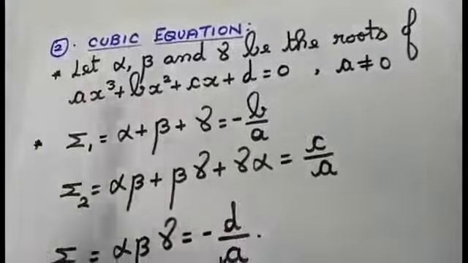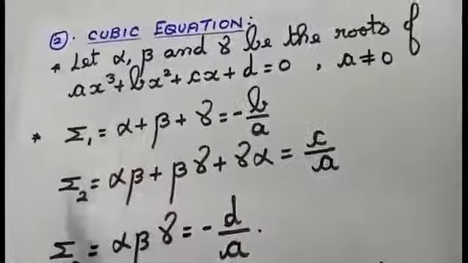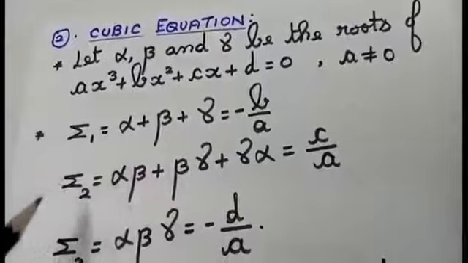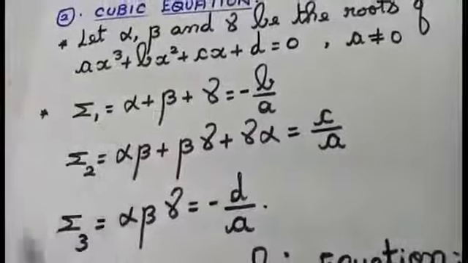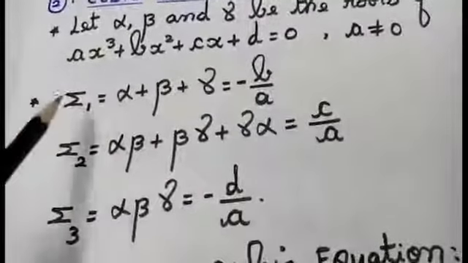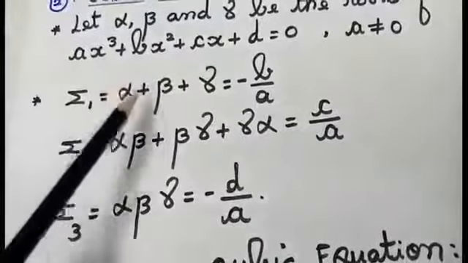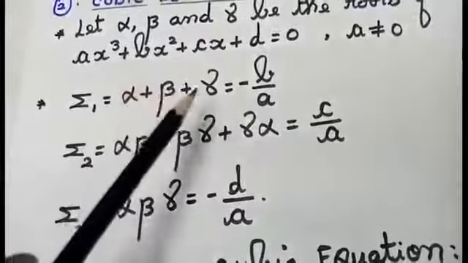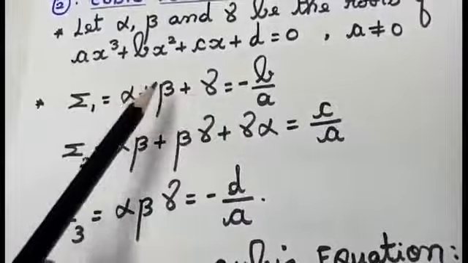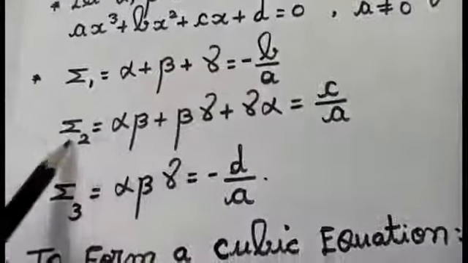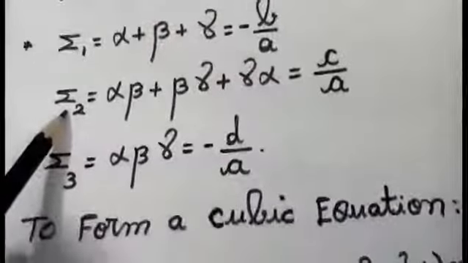Since I am having three roots, I am going to have three concepts, and this is going to be somewhat different, that is summation 1, summation 2, summation 3. For notation purpose they are using this one, that is summation 1 means I am going to add all those roots separately, that is alpha plus beta plus gamma equal to minus b by a. Summation 2 means I am going to pair the roots.